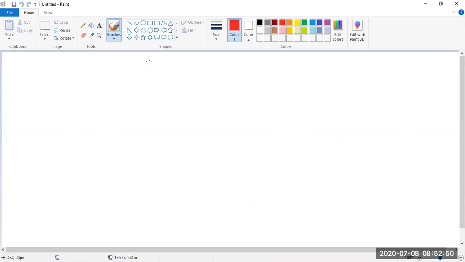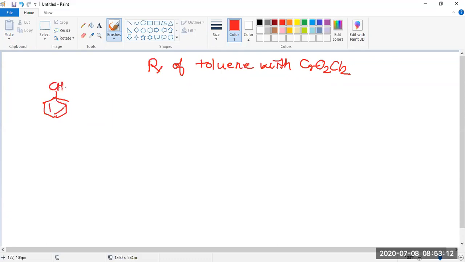The reaction of toluene with chromyl chloride, CrO2Cl2. How does the reaction take place? This toluene reacts with CrO2Cl2 in the presence of CS2.